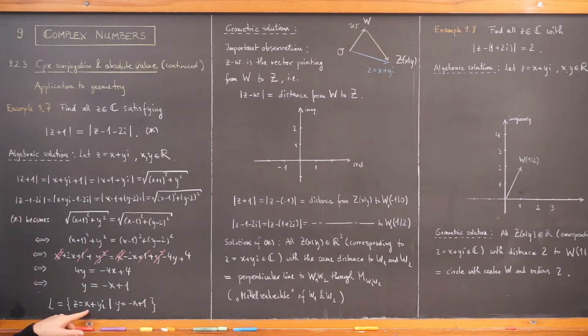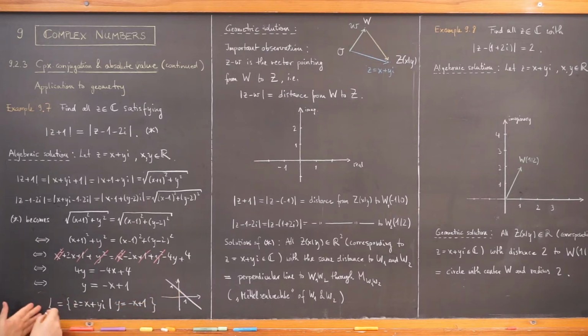So the solution set of this equation here consists of all the complex numbers x plus yi, where y is minus x plus 1. And this, of course, is nothing but a line in the real plane. So the slope of this line is minus 1, and it meets the y-axis or the imaginary axis at 1.